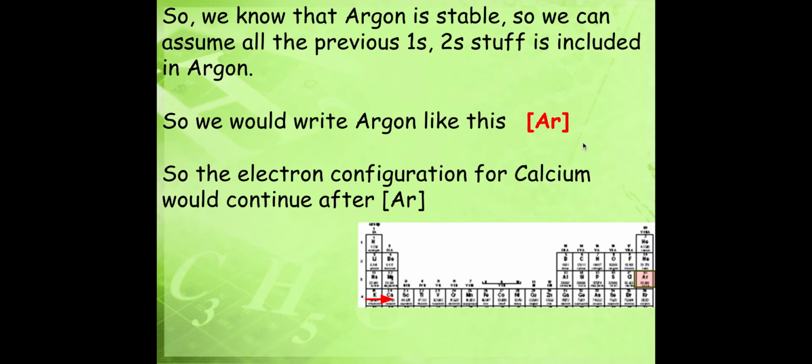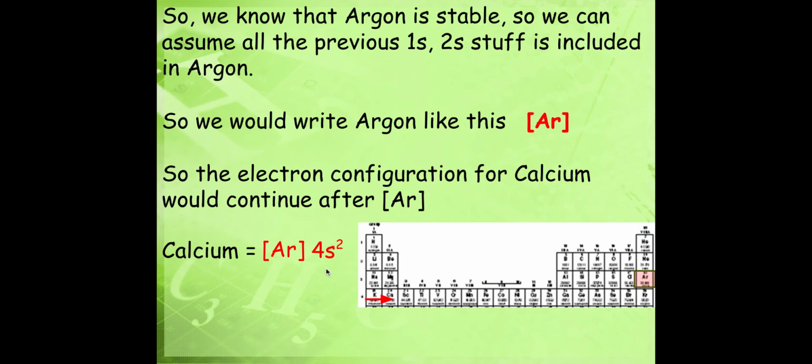So the only thing left for me is to go after argon. I will just write the period number, which is 4 right here. And then to get to calcium, I go through 1, potassium, then calcium 2. So I'll write calcium as argon 4s2. So that is a shortcut.